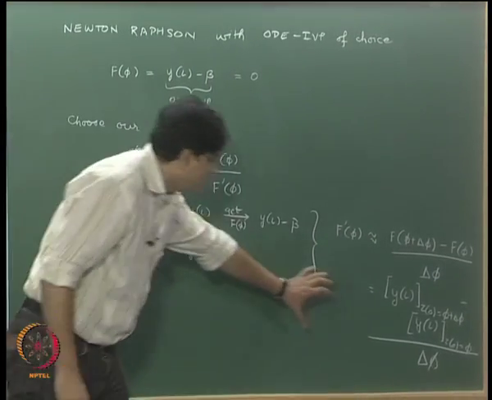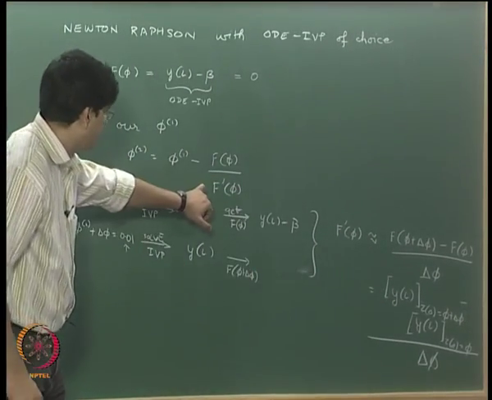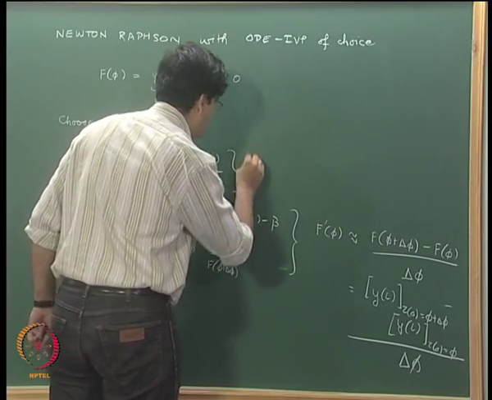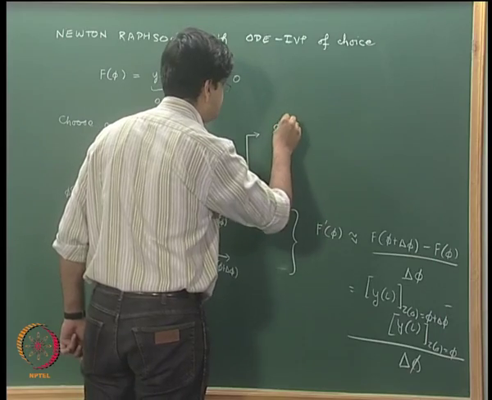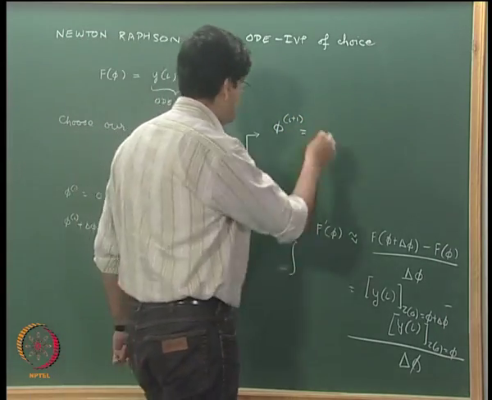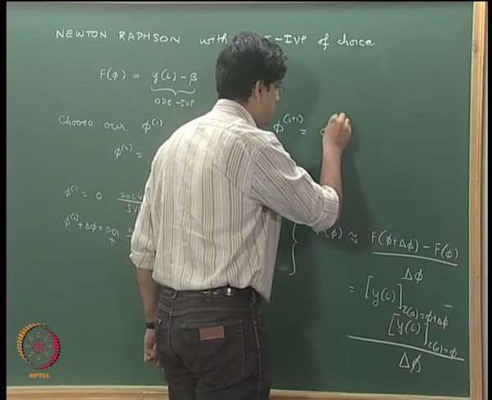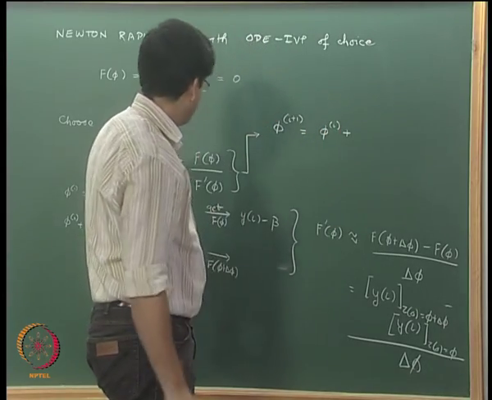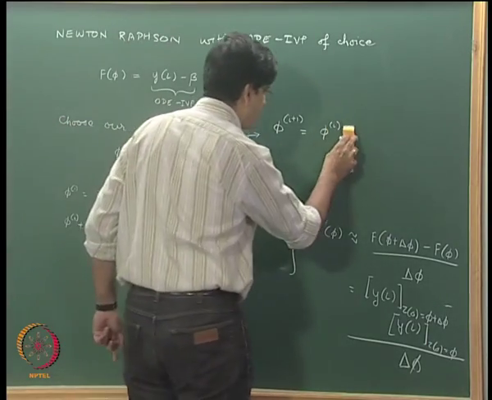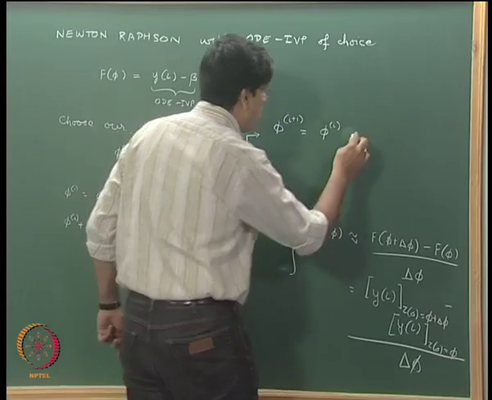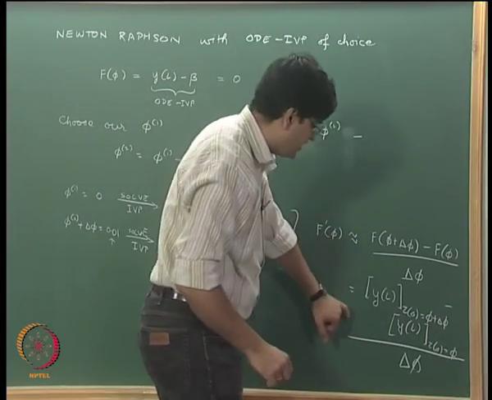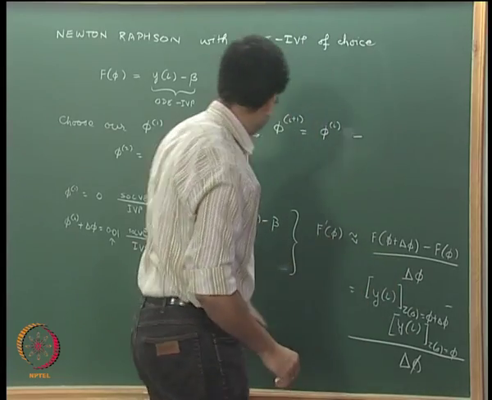Okay. So we can use this particular expression for f dash, and then with this expression our phi 2, or in general our phi I plus 1, is going to be equal to phi I minus f divided by f dash, and f dash is going to be obtained in this particular form.